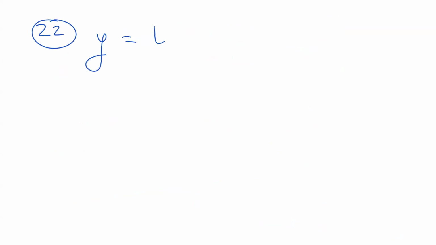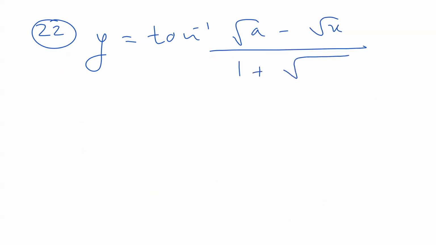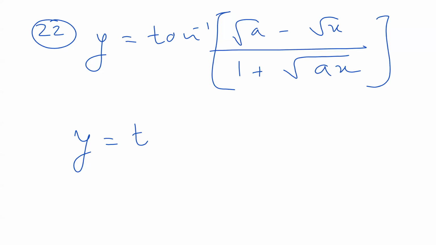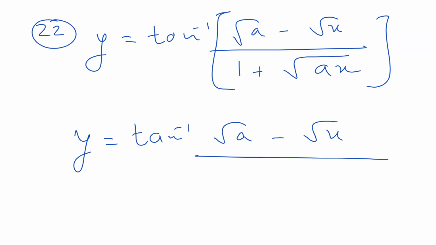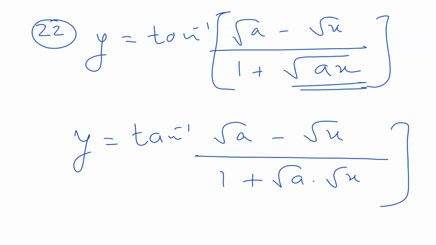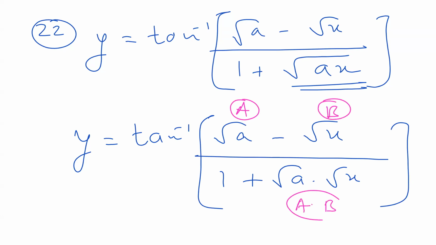Next question. Question number 22. y is equal to tan inverse of root a minus root x upon 1 plus root a x. Now this is a very simple problem. It appears to be very difficult, but it is very simple and straightforward. So root a minus root x. Now this part can be written as 1 plus root a into root x. So this will be a, this is b, and this is a into b.